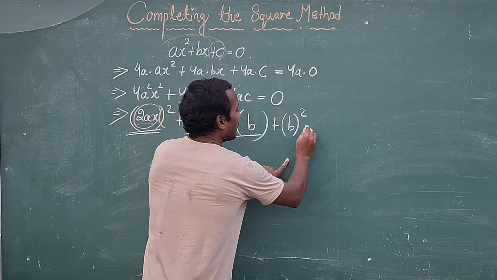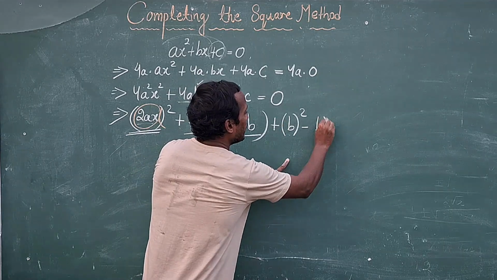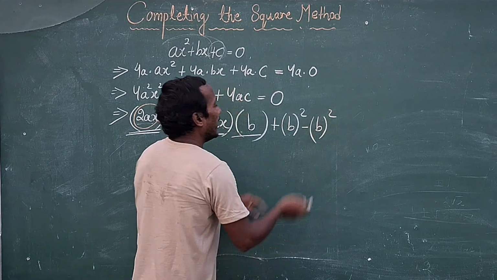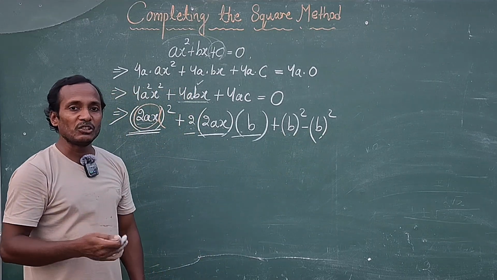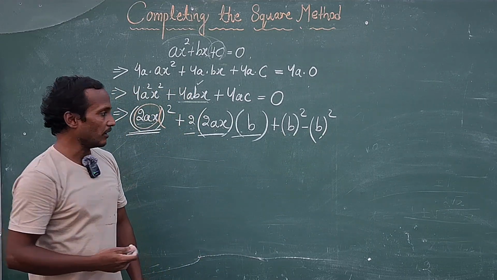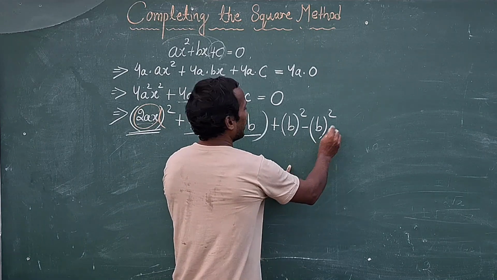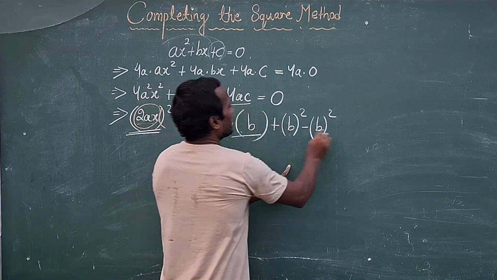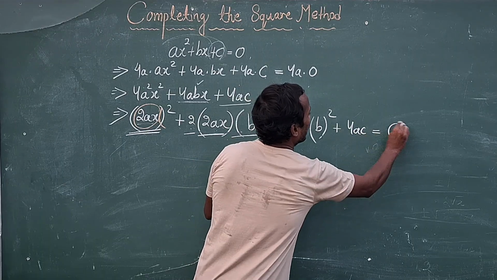Because I added b square on my own, I have to subtract b square also. Adding the same thing and subtracting the same thing brings no change in the equation. So plus b square minus b square is now written here. Don't forget 4ac. Copy that. 4ac equals 0.